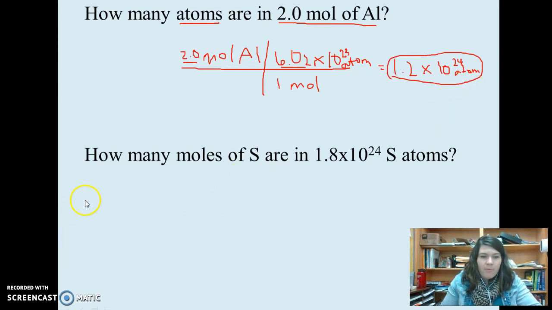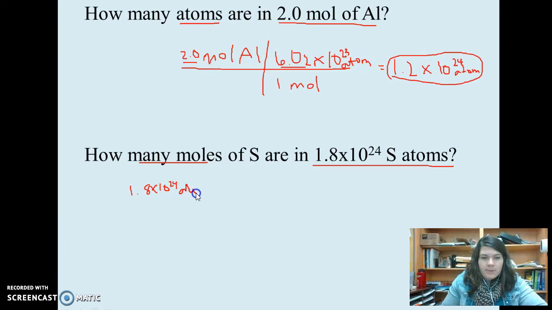Okay, let's do one more and then we'll be done. How many moles of sulfur are in 1.8 times 10 to the 24th sulfur atoms? I want moles, and I'm starting with atoms. So 1.8 times 10 to the 24th atoms of sulfur.